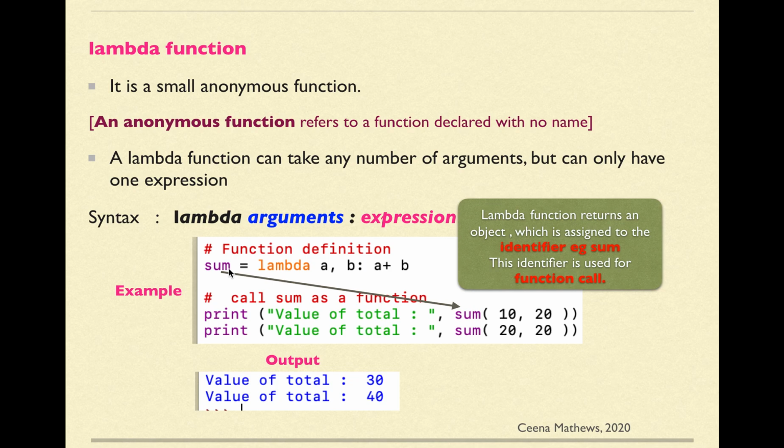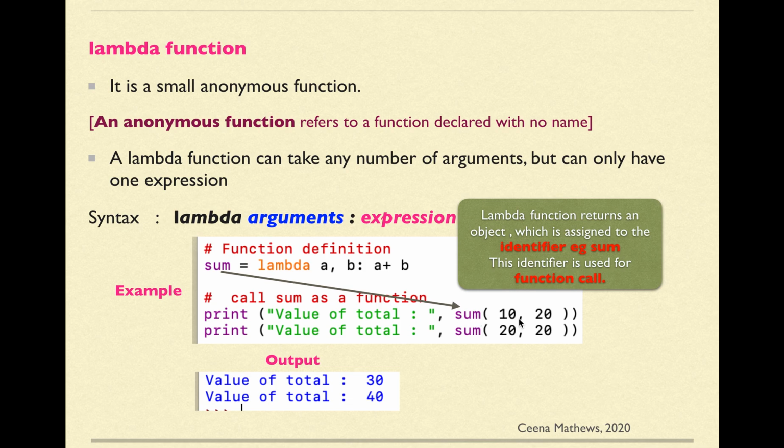And this identifier will be used for passing values to this lambda function and also to print its result. So the identifier is used here in print for the function call. You can also give it separately, or you can give it directly in the print.